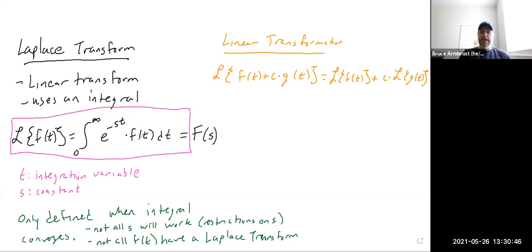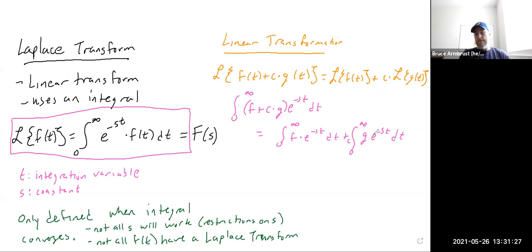Well, it's pretty easy to see why that works for this. If we just prove that real quick, we're doing the integral from 0 to infinity of (f plus c times g) times e to the minus st. And then by the rules of integrals, we can split this into the integral of f times e to the minus st, plus c times the integral from 0 to infinity of g e to the minus st. There you go.